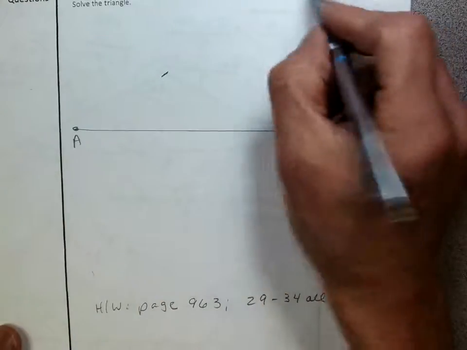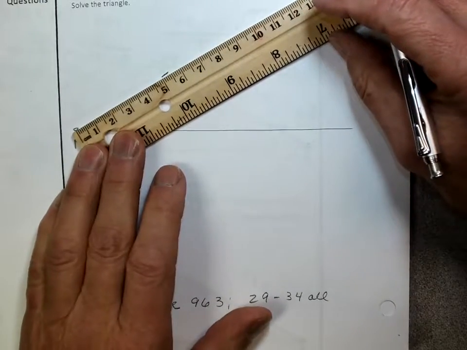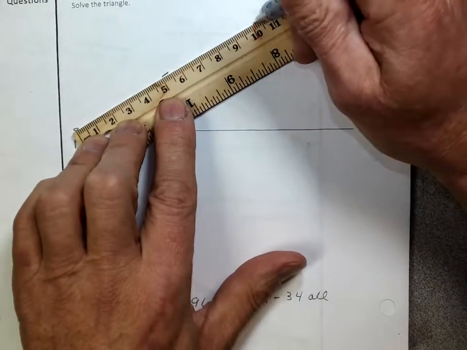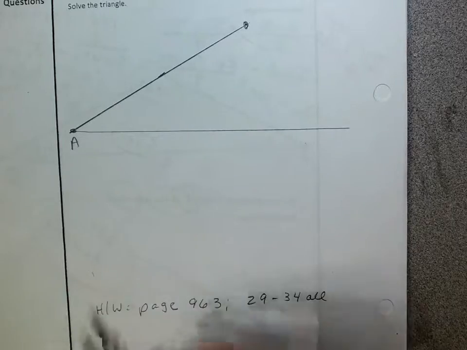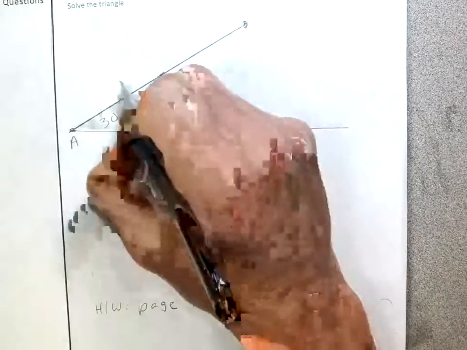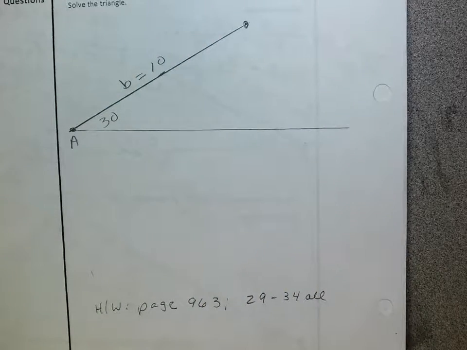I'm going to draw B at 10 again. B is 10. And now I need to draw A, which is going to be 6, right?